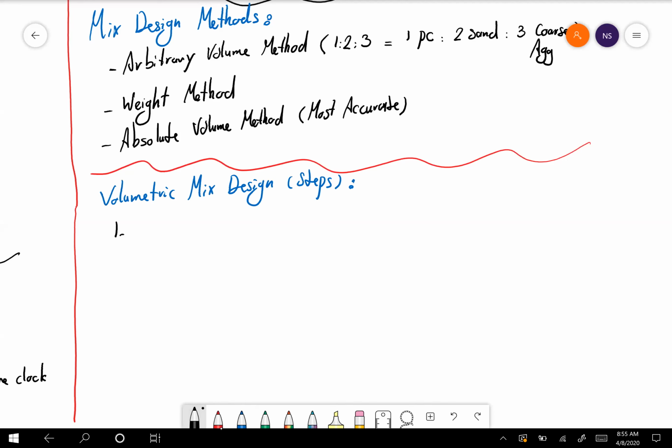The first step is to determine what level of strength you're looking for. So, strength requirements. The second one is you need to determine your water to cement ratio.